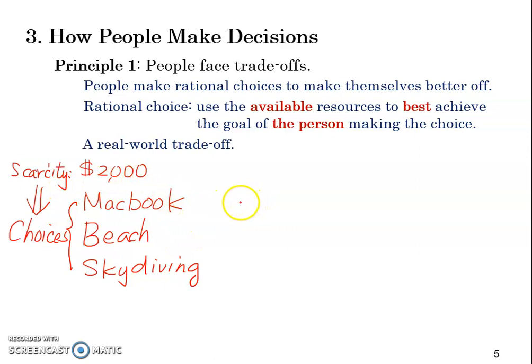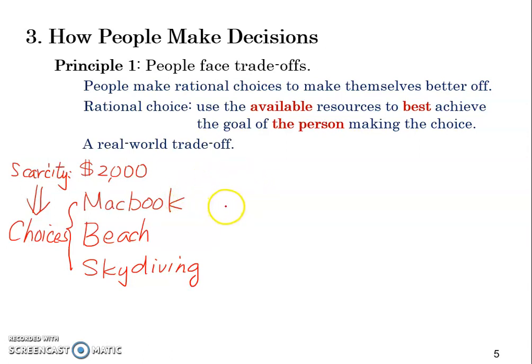For example, if we do a quick poll, we cannot do that online, but during face-to-face classes, I usually did this with my students. I ask them which one they prefer, supposing that only these three choices are available.